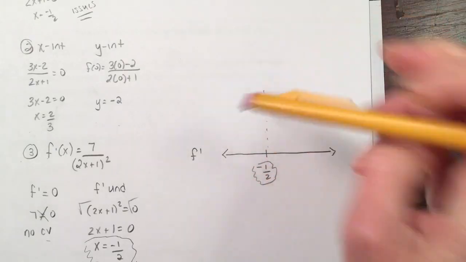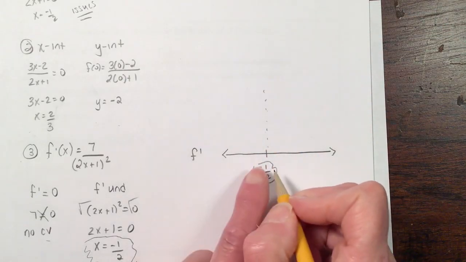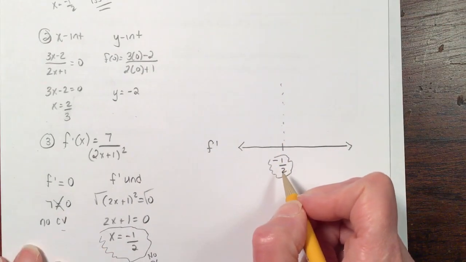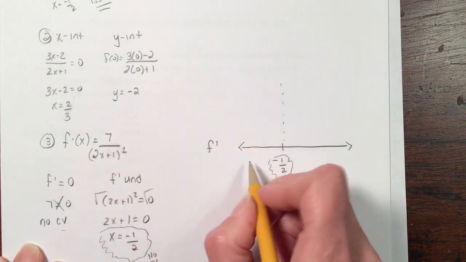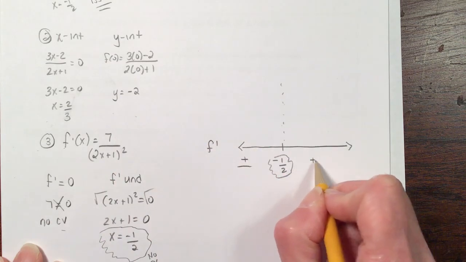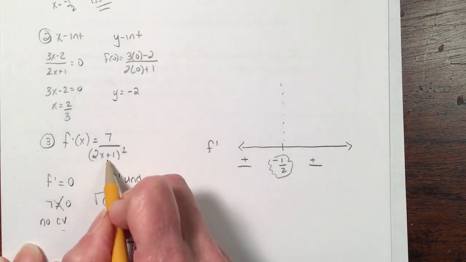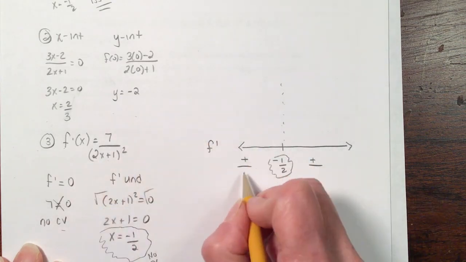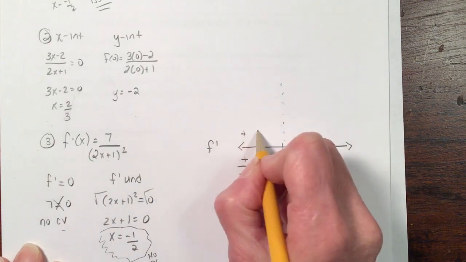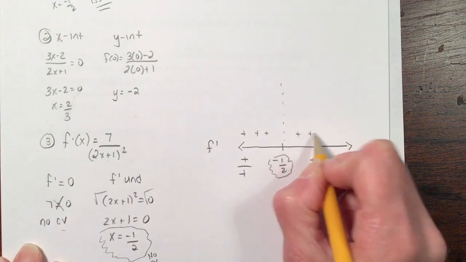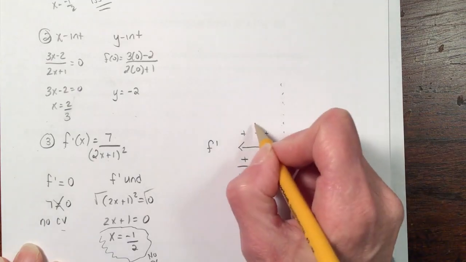Most likely an asymptote, but we're not sure at this point. When I have a number less than negative 1/2, if I plug it into the derivative, notice my derivative is going to be positive in the numerator in either interval. And no matter what number I get, if I square it, the denominator is also going to be positive. So this function is increasing over the entire domain.